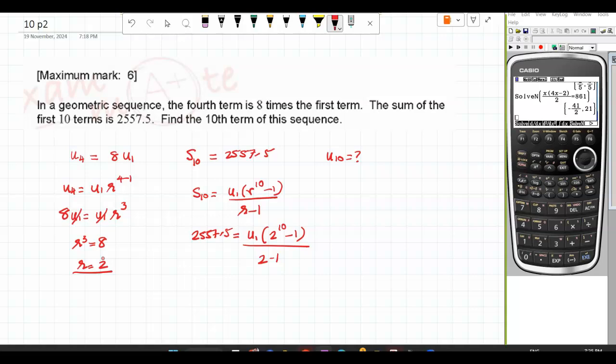So this is 2557.5 divided by 2 raised to 10 minus 1, correct? That is U1. So 2557.5 divided by 2 raised to 10 minus 1. It's very important you put a bracket here. So 2.5. So my first term is 2.5.